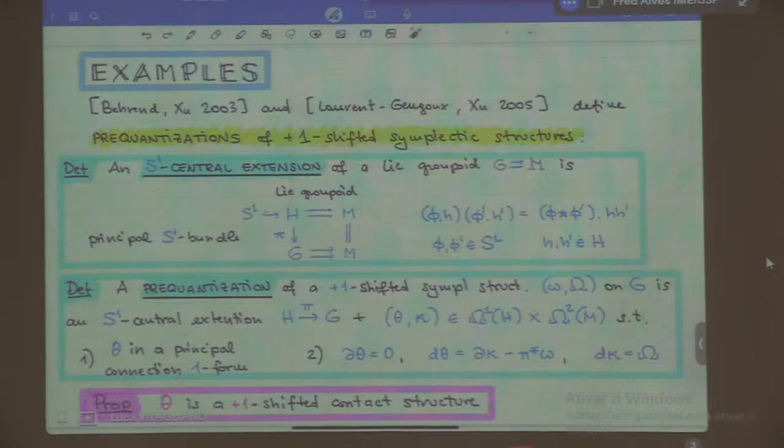It also suggests that there might be a more general notion of pre-quantization that makes more general +1 shifted symplectic groupoids quantizable. But this is just a speculation, and we do not have any indication in this direction.